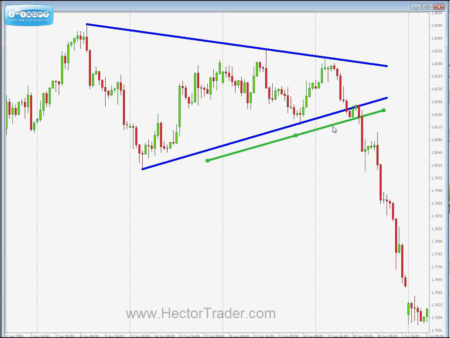Okay, in our broker we would place a sell stop order a few pips below the triangle bottom, let's say 10 pips, 20 pips, depending on the time frame. Of course, if it's the daily chart, we need to give it a little bit more breathing room.